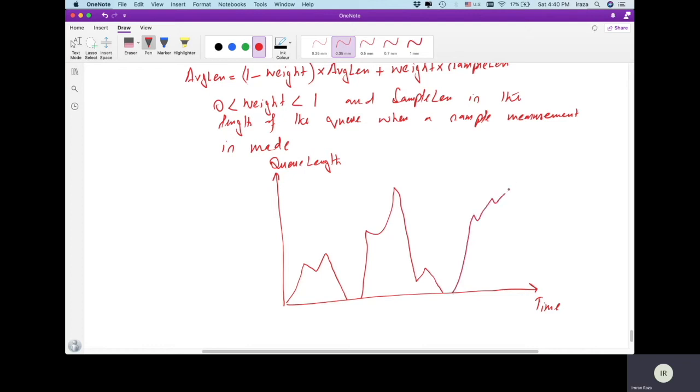Then we have again an increase in the traffic, or we have a traffic burst here. So what is happening here is that we have very inconsistent changes in the queue length, obviously because we have traffic bursts.